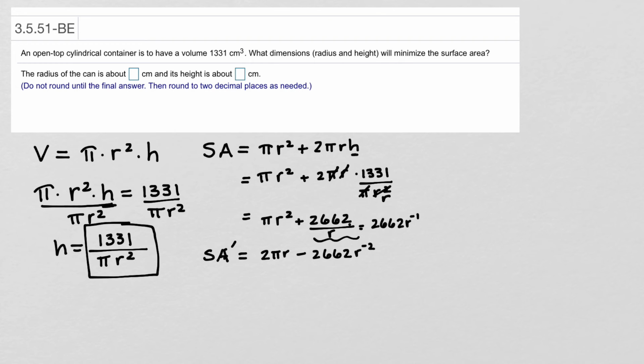Okay, so now I want to minimize this. I'm going to set that derivative equal to 0. So 2 pi r equals 2662 r to the negative 2. Let's multiply both sides by r squared.